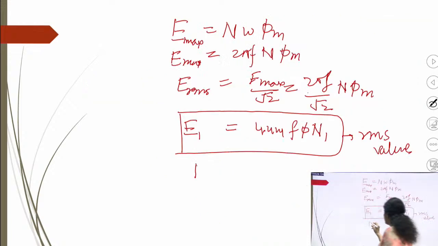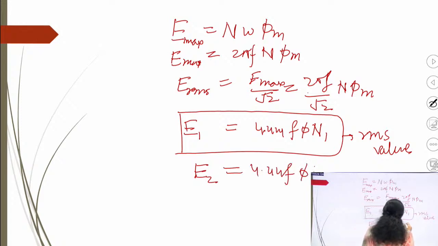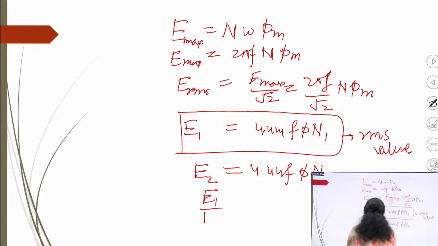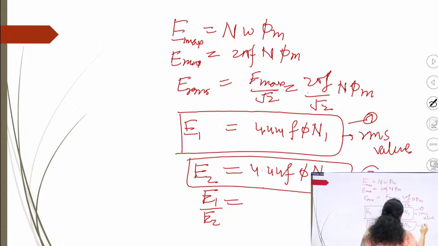So the E2 RMS value can be written as 4.44 f phi N2. If you divide equation 1 by equation 2, E1 by E2 is equal to N1 by N2.